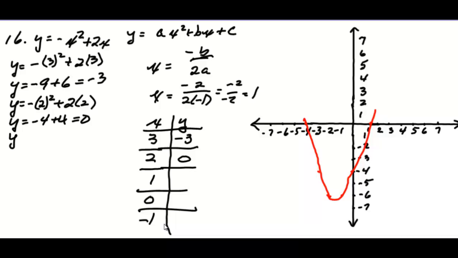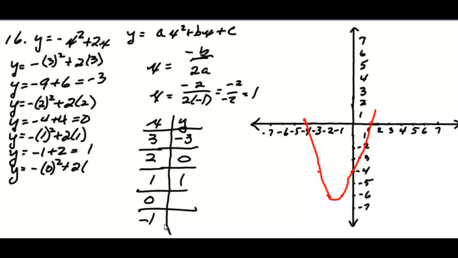In the third one, where it's y equals negative quantity 1 squared plus 2 times 1, then y is equal to minus 1 plus 2, and that is equal to 1. In the fourth, where it's y equals minus 0 squared plus 2 times 0, that's 0 plus 0, that's equal to 0.